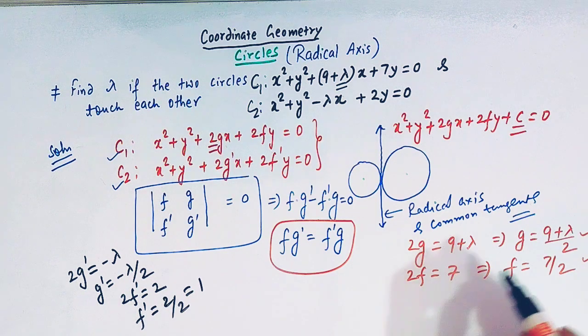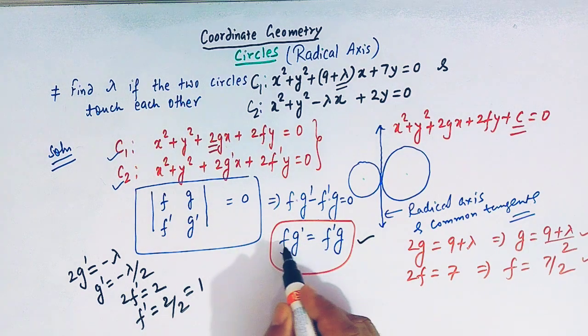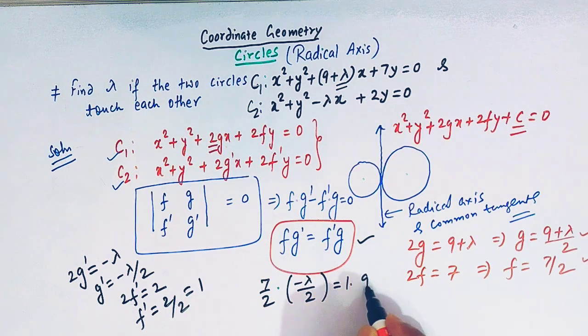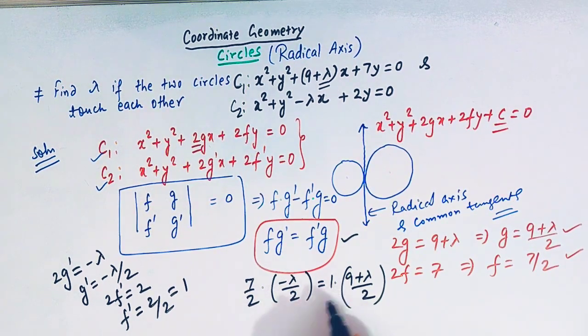So now we can substitute the values of g, f, g dash and f dash in this equation, right? So f times g prime is 7 over 2 times minus lambda over 2, that is equal to f prime, that is 1, times g, which is 9 plus lambda over 2, right? Now let us quickly solve this equation. This 2 and this 2 get cancelled.